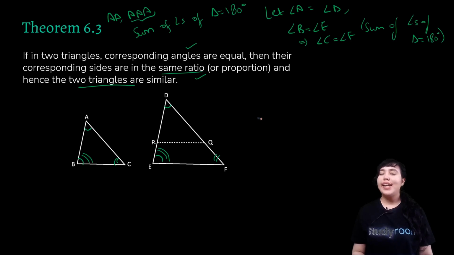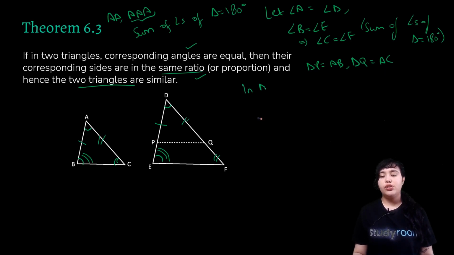So you draw a line segment PQ such that DP is equal to AB and DQ is equal to AC. So basically this is equal to this and this is equal to this. Alright, so we've taken these sides to be equal, and now we are taking triangle ABC and triangle DPQ.